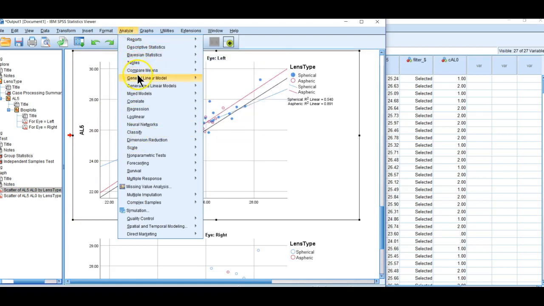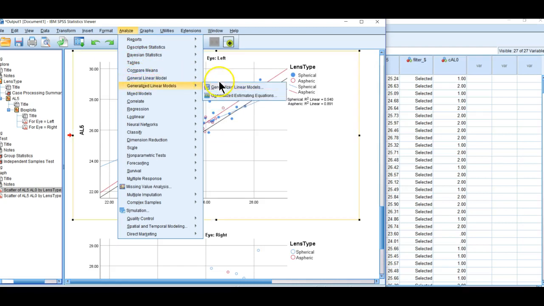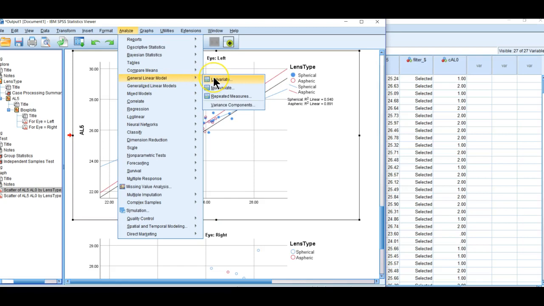So to do analysis of covariance, we're going to go to the general linear model. And then within that, we're going to look at univariate. Multivariate is if you had a bunch of dependent variables. We only have one, axial length 5. Or if they were repeated. There's not repeated, although it could be considered repeated, or at least within. But we're not doing it that way.